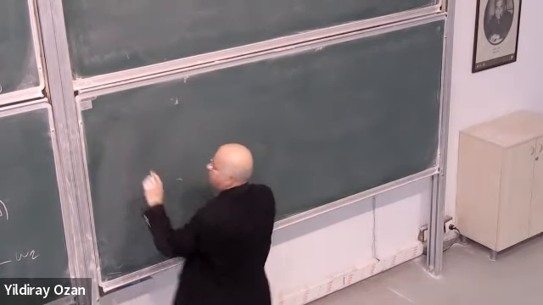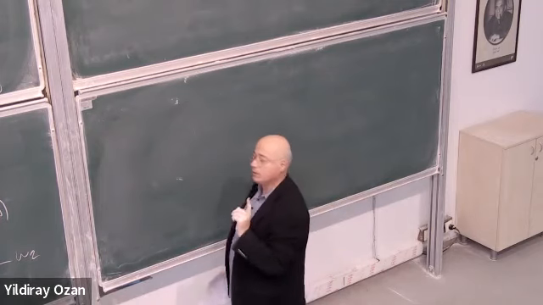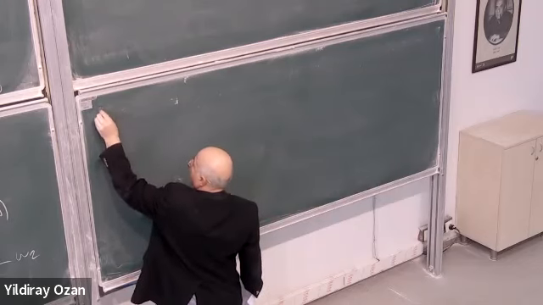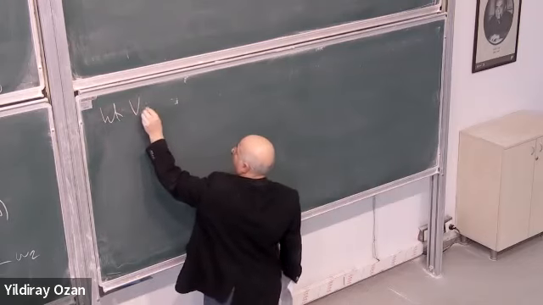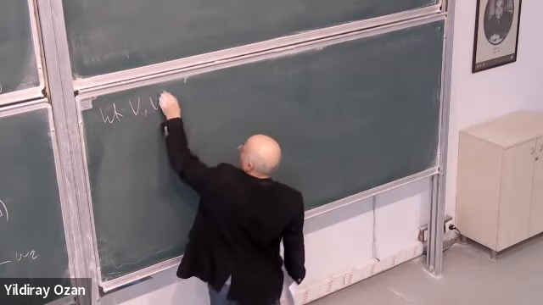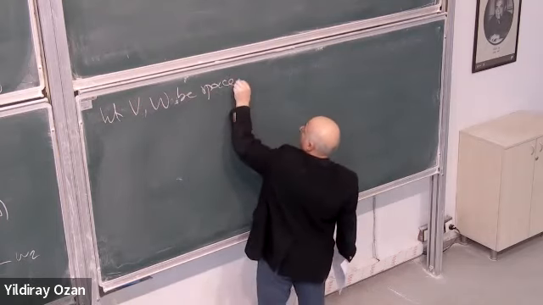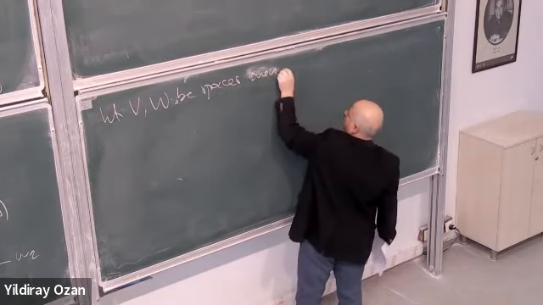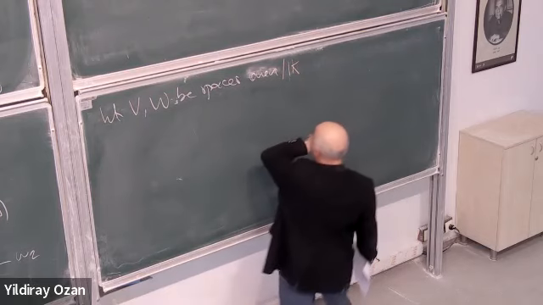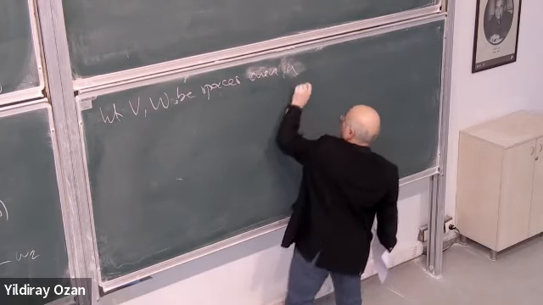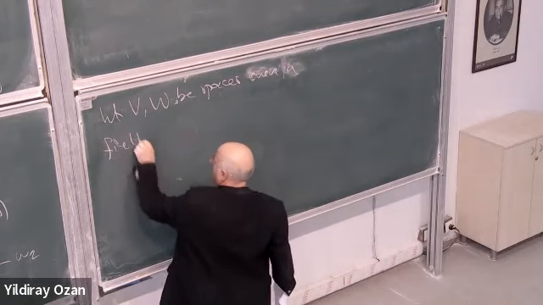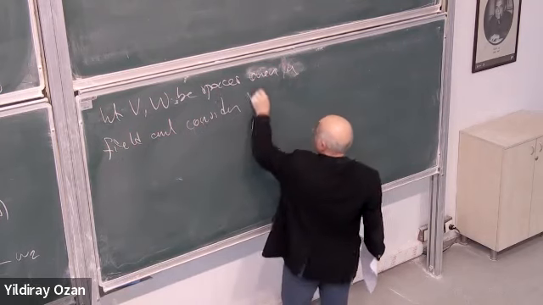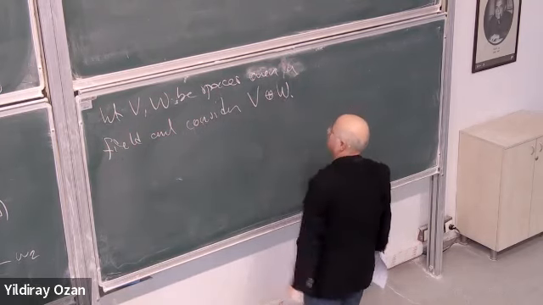Again, last time we defined the so-called direct sum, right? So let V and W be vector spaces over K, and consider the direct sum.